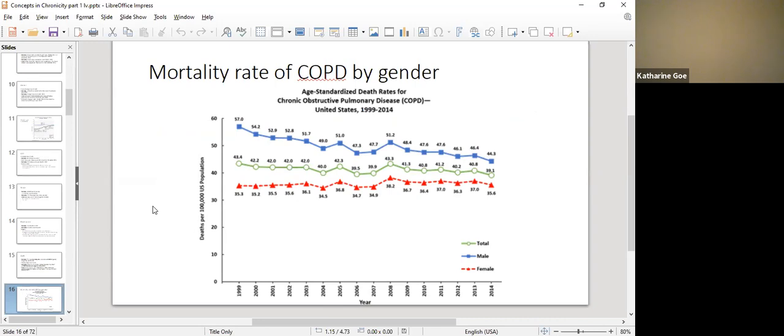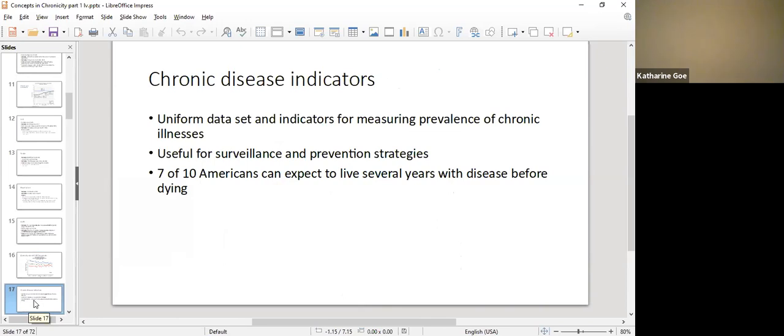As you can see, historically, men had by far the highest mortality rate. And women have been gradually increasing. Well, they've kind of been holding the line at a steady state and sort of parallels the total number of deaths from COPD. But I thought that was pretty interesting, that there was such a big gap between women and men in the rate of death from COPD, but that is closing.